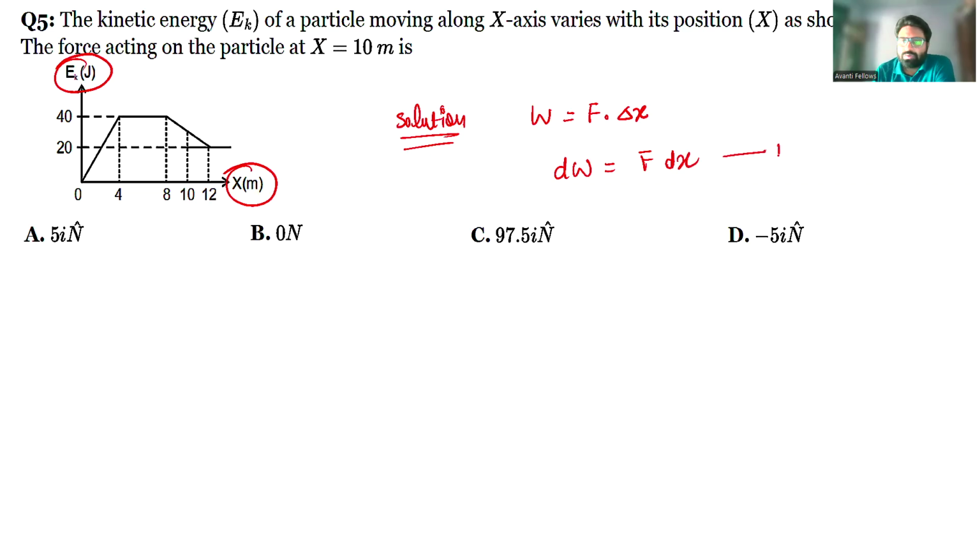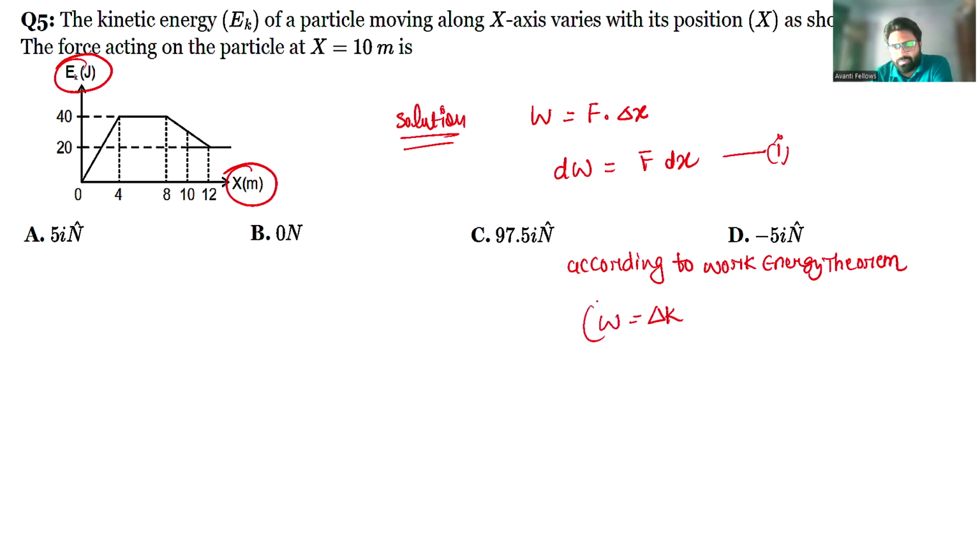Now, we also know that according to the work energy theorem, the change in kinetic energy equals the work. The total work done is also the change in kinetic energy. So if you compare these two equations, you can say that this dK, for small work, is equal to F dot dx.